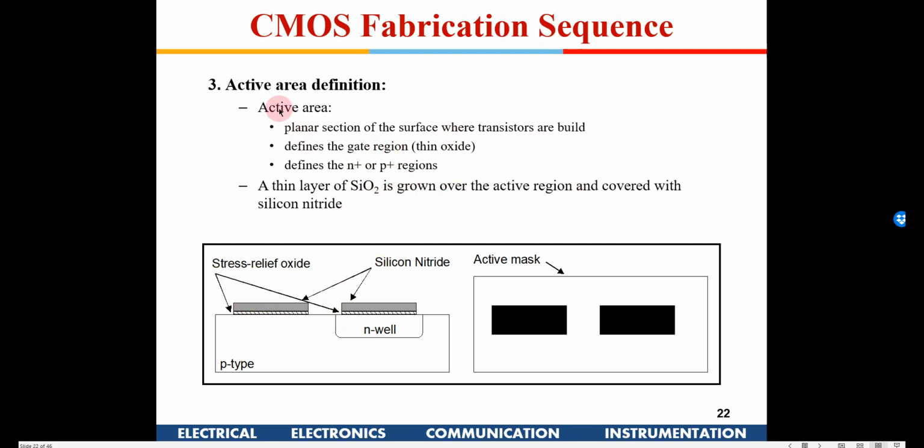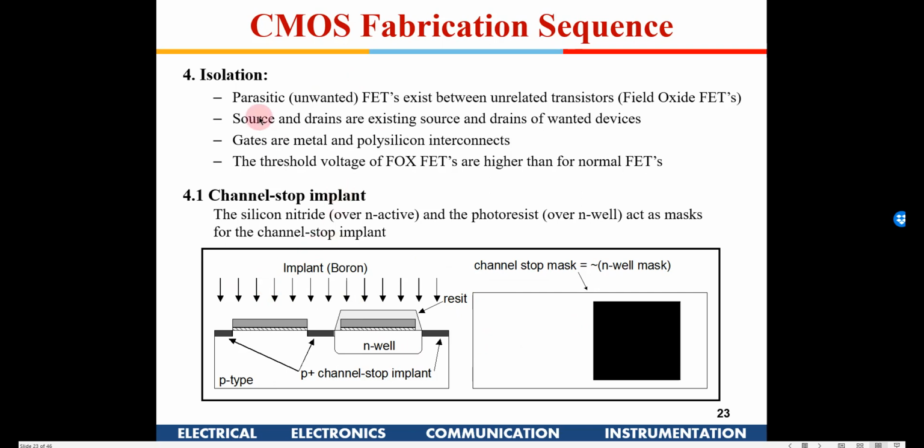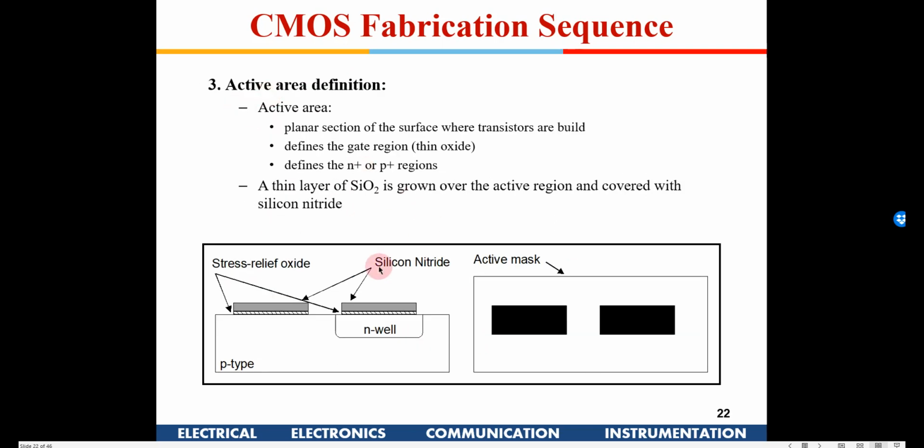So that is the active area definition. That means we are safeguarding it. That's known as isolation. Active area, we said that we already implanted in the N well, we have formed an N well there.